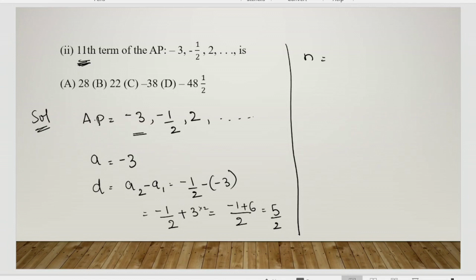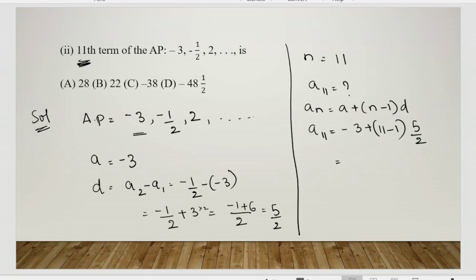Next, the n value. We need to find the 11th term of an AP, so n will be 11 and we need to find A11. The formula is an is equal to A plus n minus 1 of d. So A11 is minus 3 plus 11 minus 1 into d, which is 5 by 2.